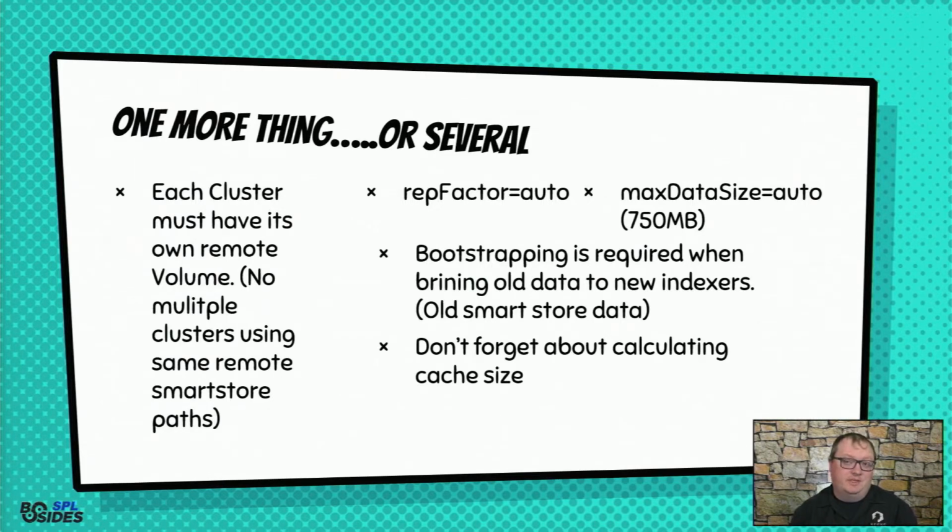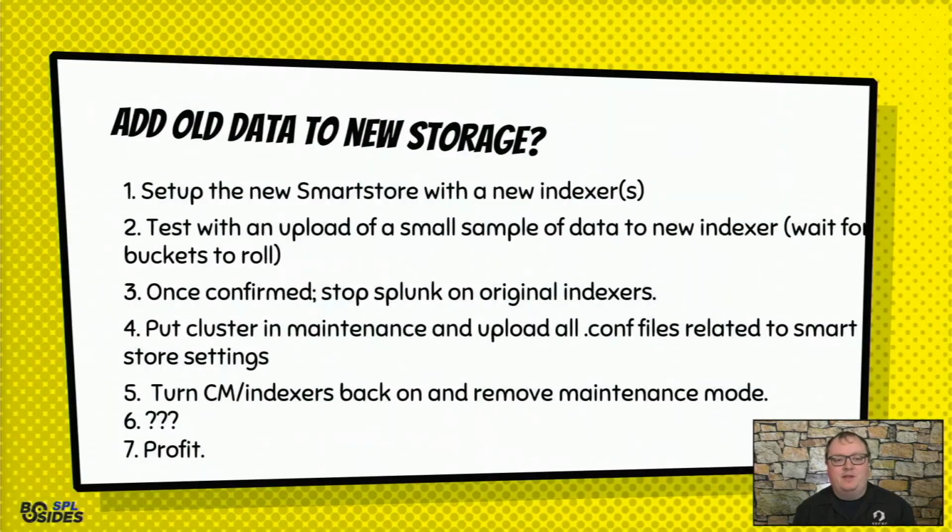Your cache should also be as fast as you can afford, which is always the case with indexers, but definitely important for this. One scenario, if you're new to SmartStore, is, well, how do I get my old data to the new storage? Again, Splunk Docs have a really good step-by-step instruction on how to do this. High level, they say set up a single indexer, have your SmartStore set up, ready to receive data, upload small samples, see if you can read it, then upload data to the indexer and wait for it to roll to warm.